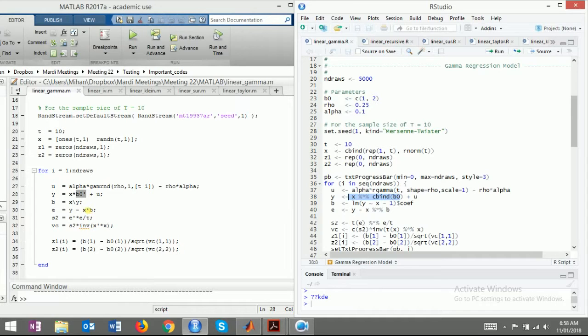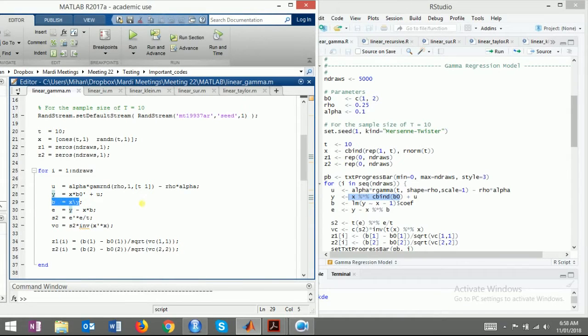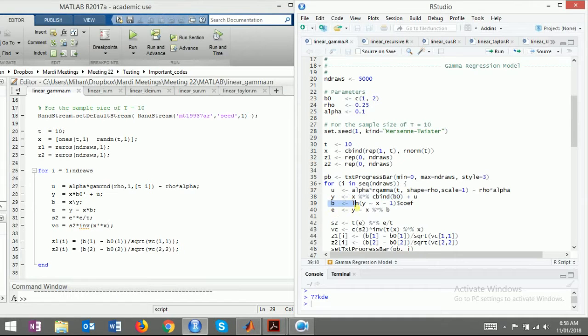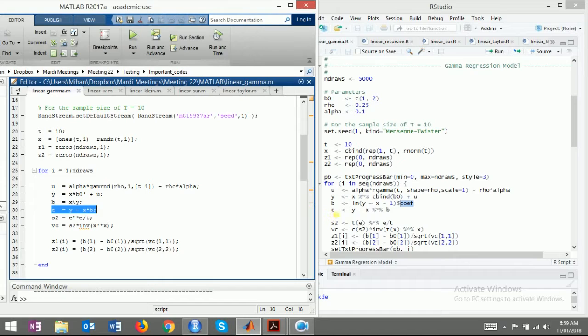B equals regression of x on y, b equals lm, linear model, y on x, minus 1. I'm not sure why minus 1, but it is always like that. And beta will have only the coefficients from this linear model, only the coefficients.